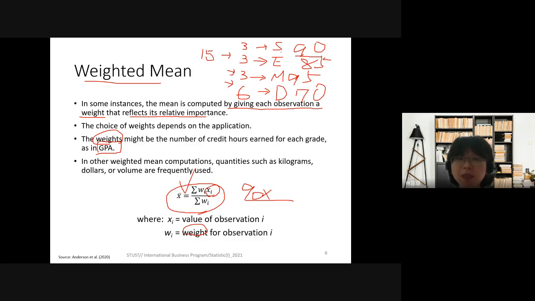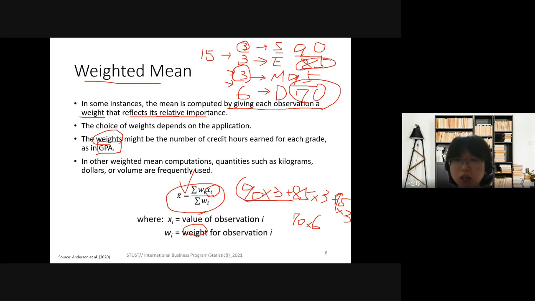For example, the value in the statistics course is 19 multiplied by its weight 3, and sum up with the English course, whose value is 85 multiplied by its weight 3. Then for the music course, the value is 95 and the weight for the credit is 3, and for the design course the value is 17 and its weight is 6.